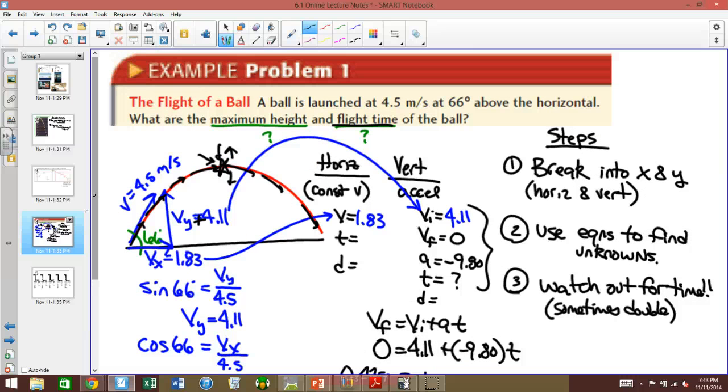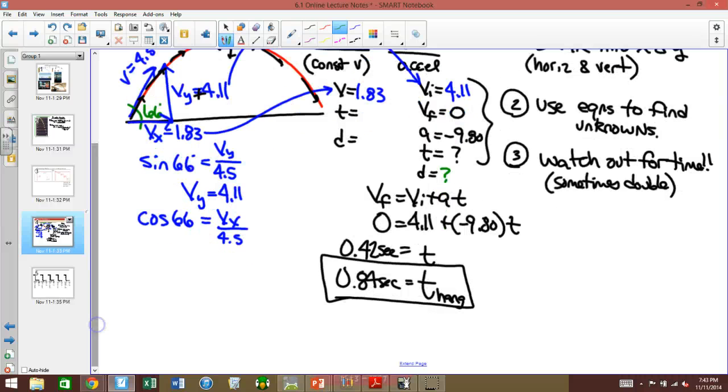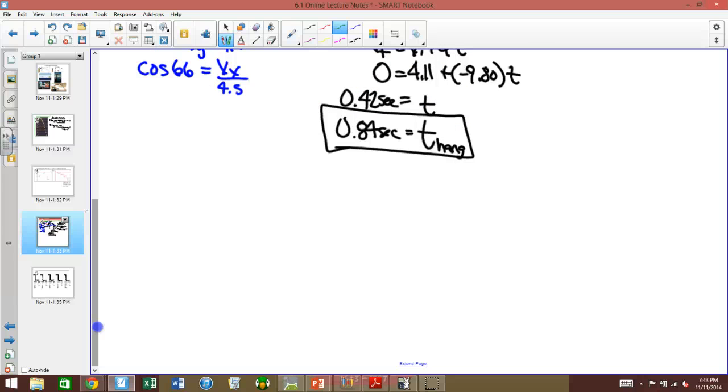That's a vertical distance. So now I'm going to go after this. It's a vertical distance, so you can use whatever equation you want. Maybe I'll use this equation. D equals VI t plus 1/2 AT squared. My initial velocity is 4.11.